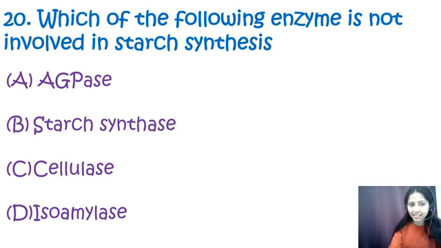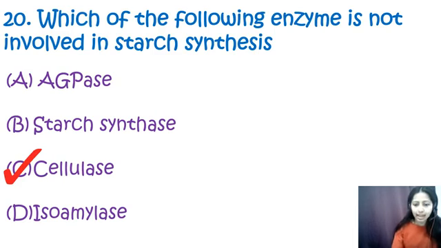Question number 20. Which of the following enzymes is not involved in starch synthesis? Options are AGPase, starch synthase, cellulose, and isoamylase. So over here the correct option is C, that is cellulose, which is not involved in starch synthesis. AGPase is adenosine diphosphoglucose pyrophosphorylase enzyme.